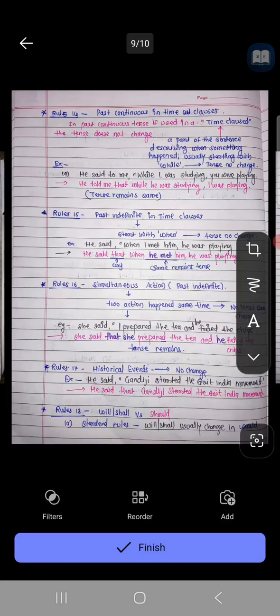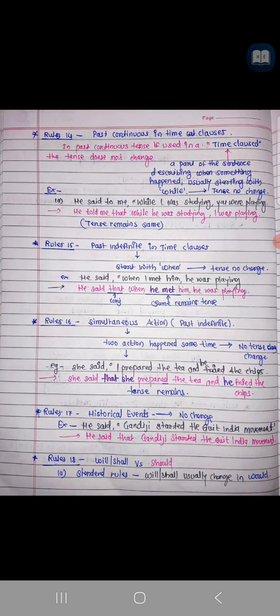Next, rule number 14. Past continuous in a time clause. In the past continuous tense, if used in a time clause, the tense does not change.